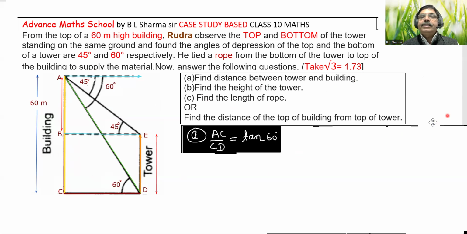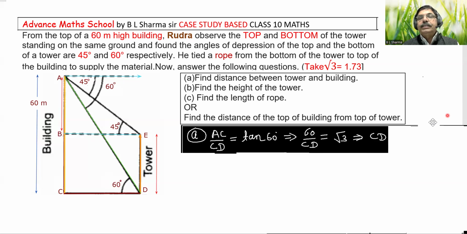AC is given as 60 meters and we have to calculate CD, and the value of tan 60 is root 3. So CD is equal to 60 upon root 3. Now rationalize the denominator by multiplying numerator and denominator by square root of 3.